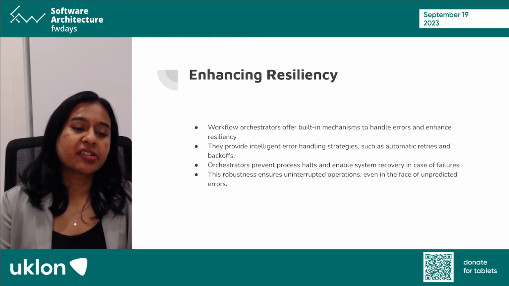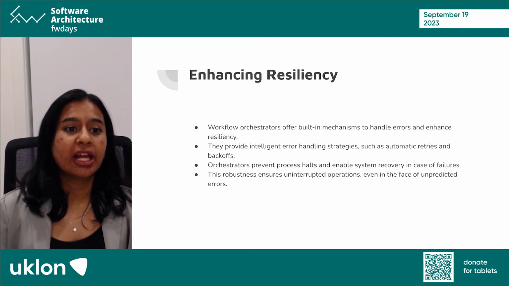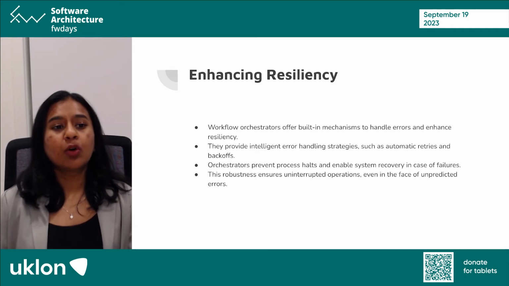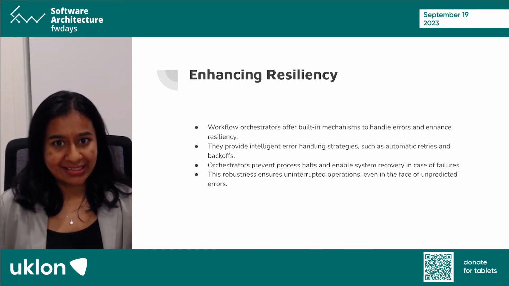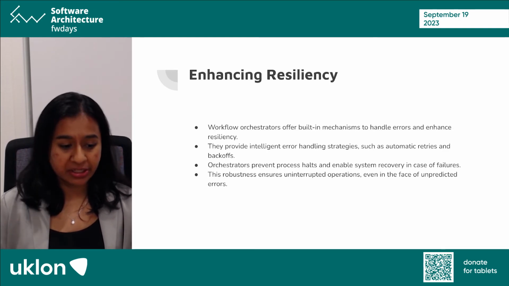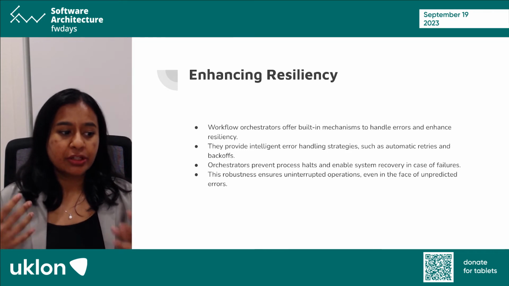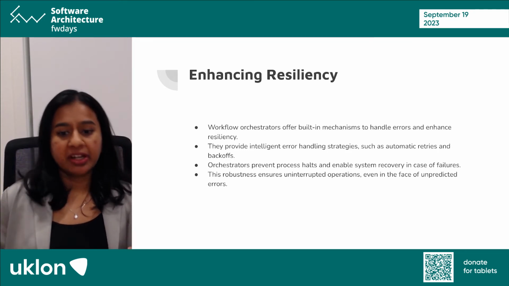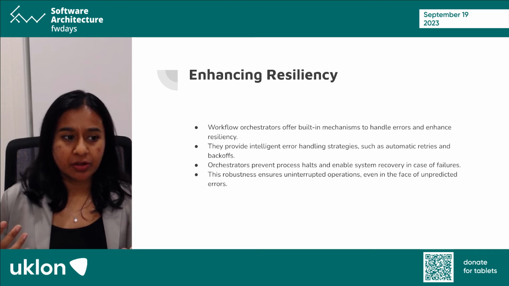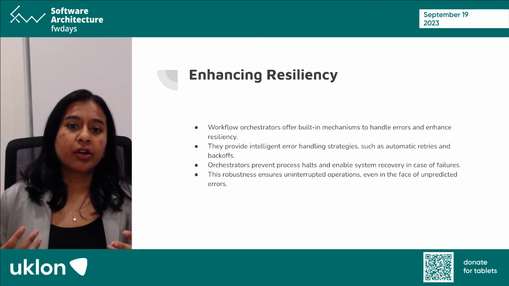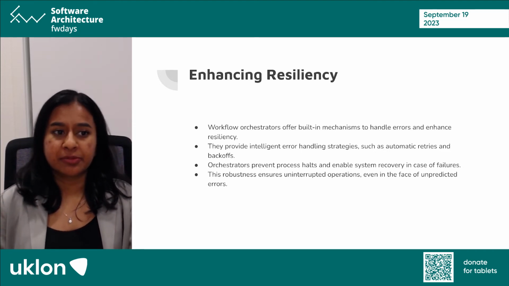So far we've discussed how workflow orchestrators help us with state management, and also how they take care of resiliency. In the case of resiliency and retries, with workflow orchestrators it's just a simple configuration. You say, hey, retry this step for a maximum of 30 minutes or a maximum of 2 hours, or retry it 200 times, let's say.